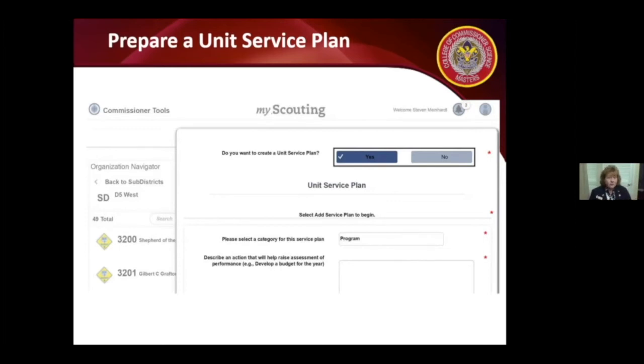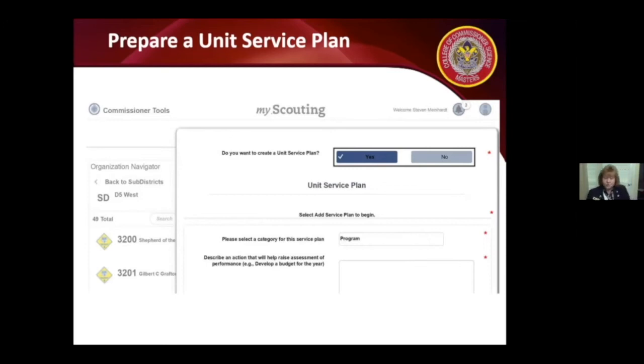Now your key 3 may decide that they don't like plan A or plan B, and they want to go with plan C. Even though you and your team decide that plan A is the best solution, it's the key 3's unit, and they think that plan C is better. So go with plan C. You've already got plan A and plan B in place or ready to go, and you can work through plan C and keep them happy.